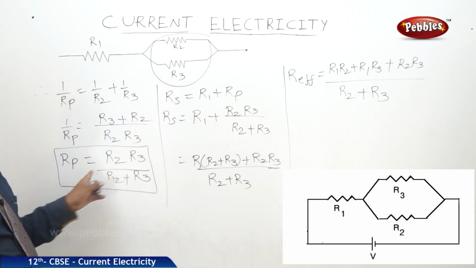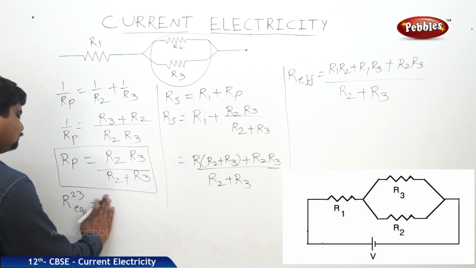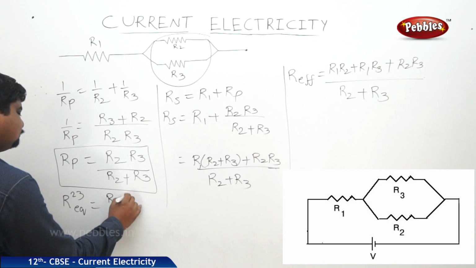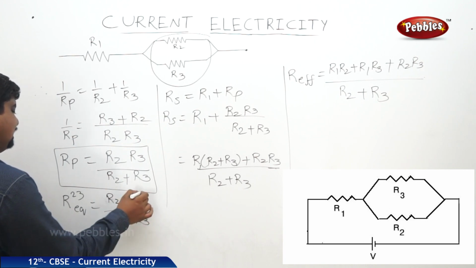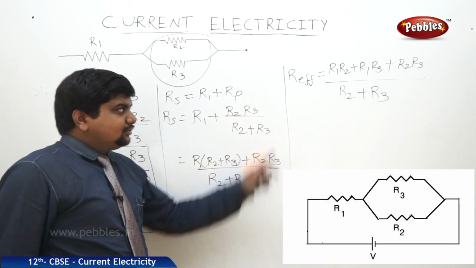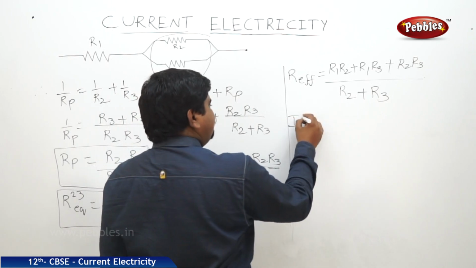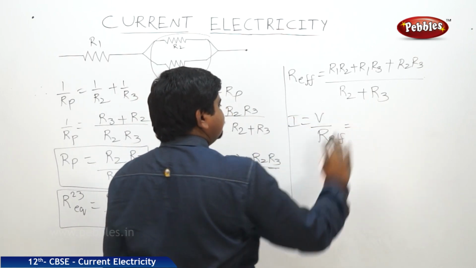So we can say this Rp as R23 also, meaning the equivalent resistance of the combination of R2 and R3. So this is the expression. Then what is the current passing through the whole circuit? V by R effective.